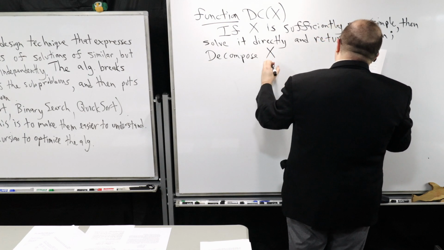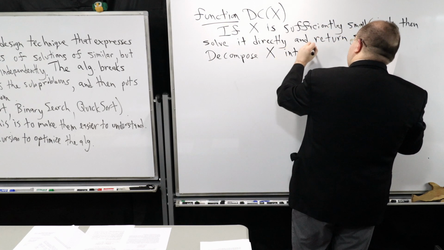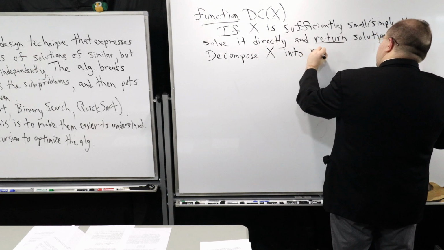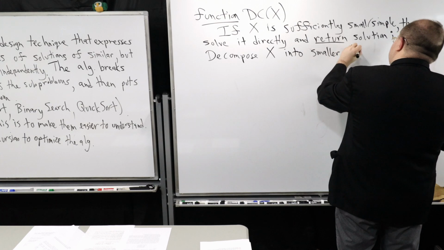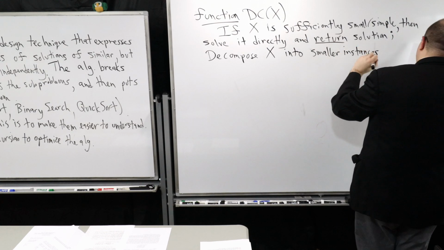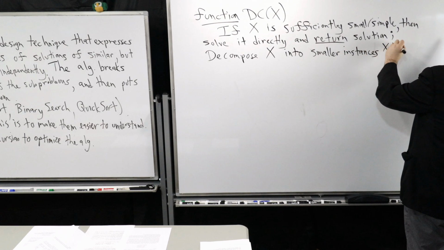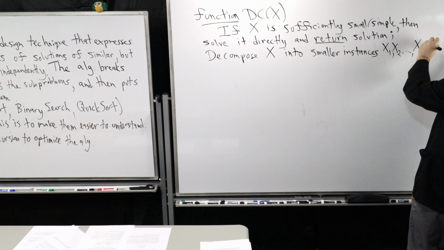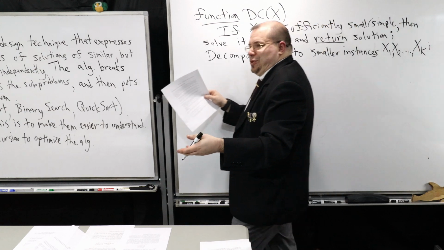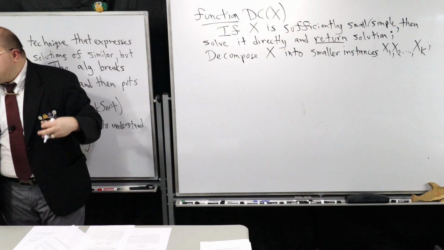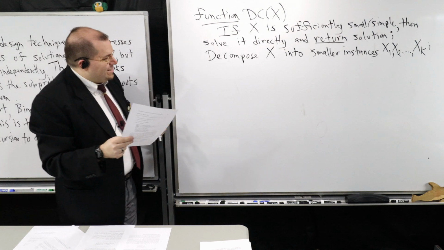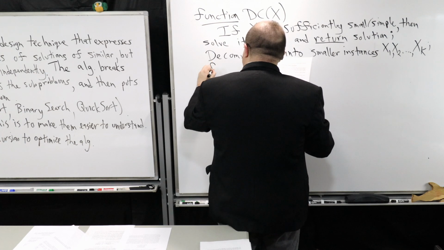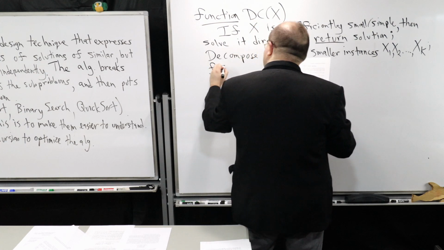Otherwise, you're going to decompose x into smaller instances, x1, x2, all the way up to xk. There's going to be some process by which I determine these. It may be implicit or explicit. Sometimes the loop will do the job of decomposing them, whether through indexing in an array or something like that.